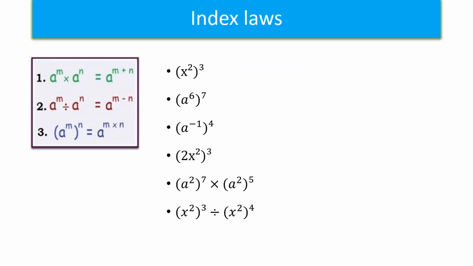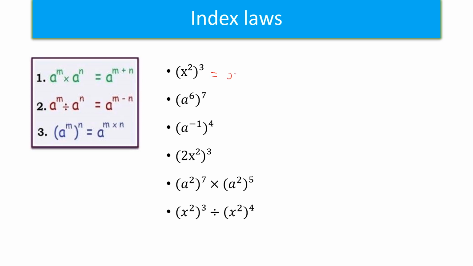This rule states that when you have a term raised to a power and then it's raised to another power, you simply multiply the two powers. Again, I'm going to write out the first example just to show you why it works like that. So I've got x squared and then that is raised to the power of 3.